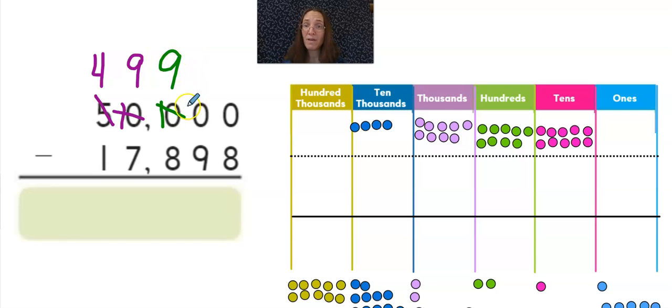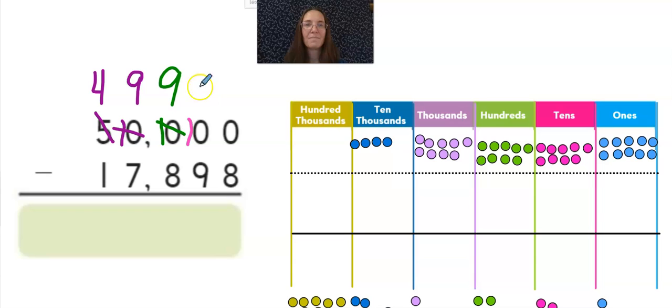To show that on my paper, I will squeeze that 10 into the tens place, because now I have 10 tens. But I got those tens because I needed some single ones. So I'm going to take away one of these tens and trade it in for 10 single ones, like this. To catch my writing up, I have to cross out my 10 in the tens place because I've only got 9 there, and put the 9 right there, and I'm just going to squeeze that 1 right in here.